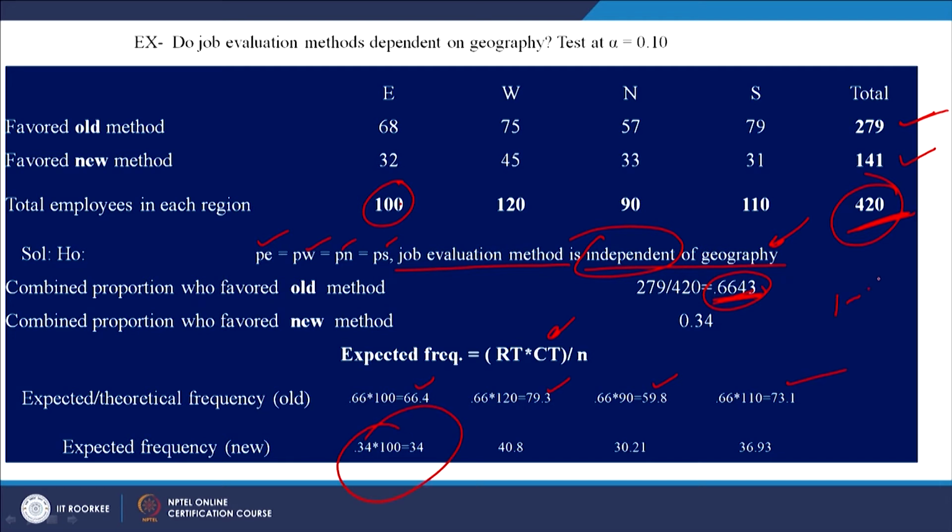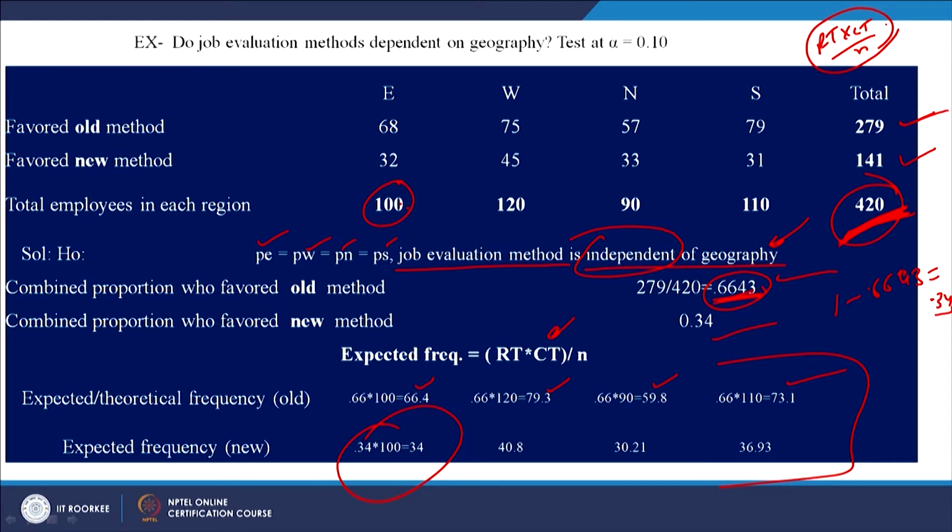It is 1 minus 0.663, which is equal to 0.34. So, 0.34 multiplied by 100, 120, 90 and 110. So, either you calculate expected frequencies this way or simply row total into column total divided by total number of observations. I think the method of row total into column total divided by n is simpler compared to this one.